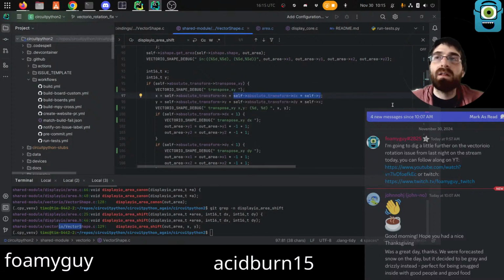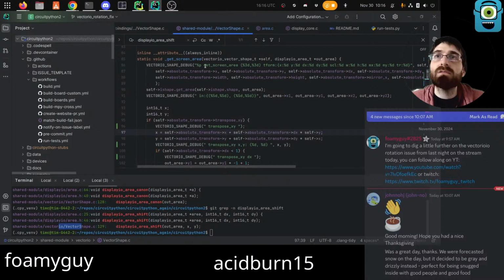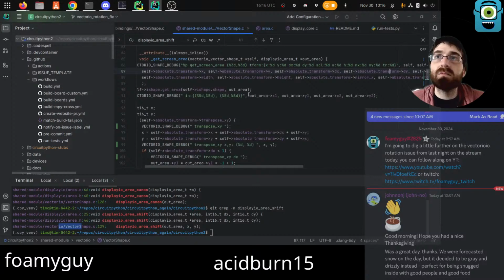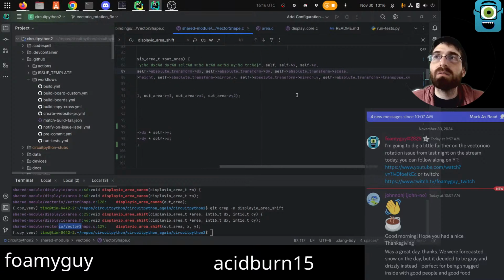Interesting, okay. We potentially need a -1 here? Are we printing absolute transform and all this stuff? So we have screen area, which prints, yes, absolute transform x and y, and dx and dy, and then scale, and then width, height, then mirror x and mirror y, and then transpose xy.